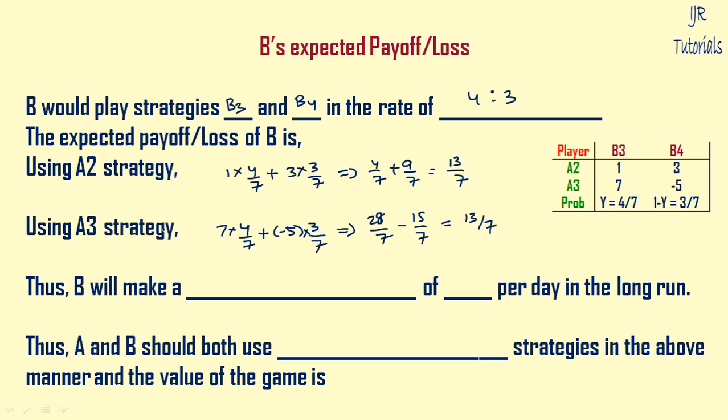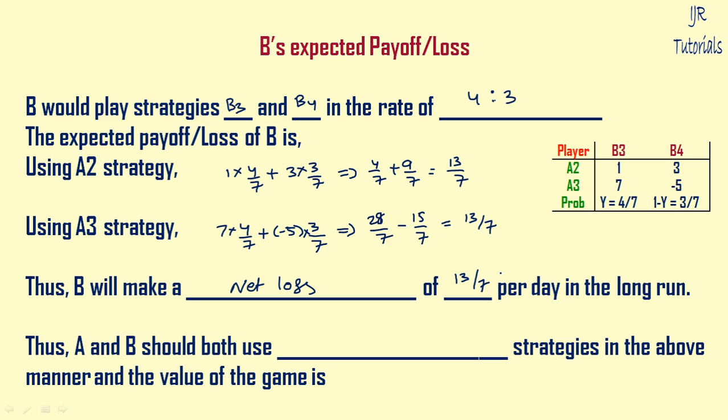So now B is having 13 by 7. So we can say it is a net loss of how much? 13 by 7. Net loss of 13 by 7.